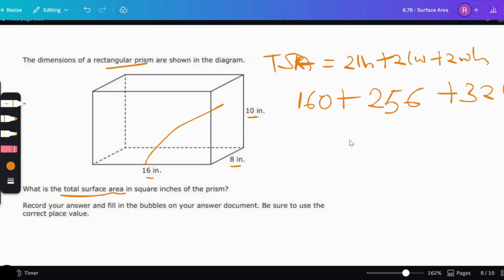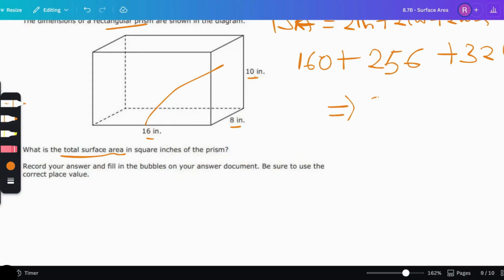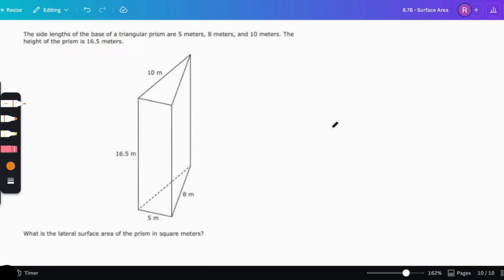And this will be 160 plus 256 plus 320, which is 736. So that will be the total surface area of this rectangular prism.